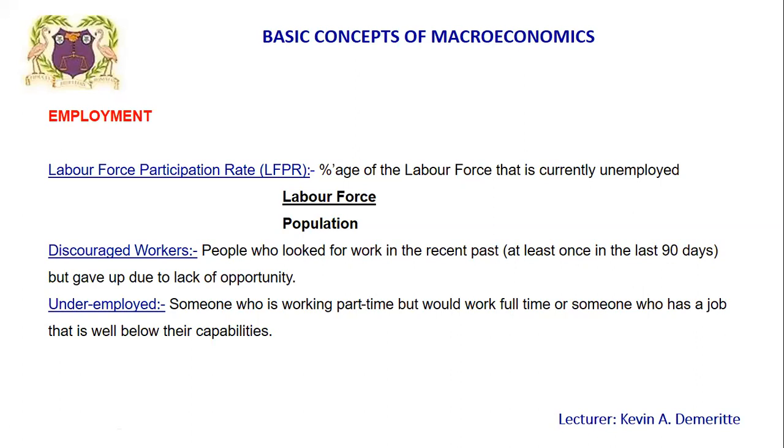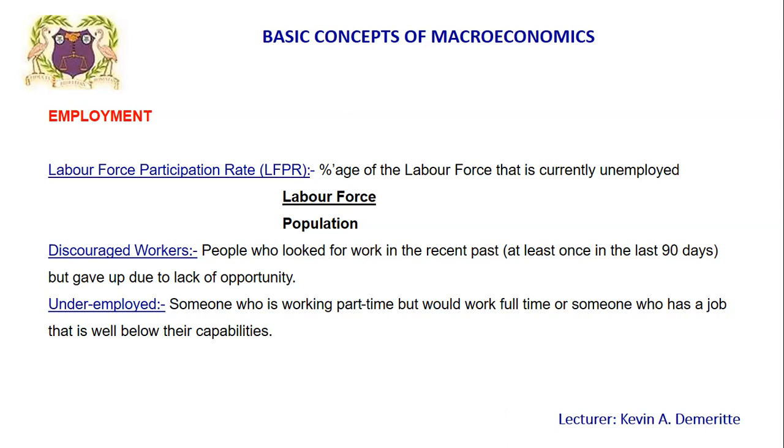So that's 300,000 divided by 400,000. That gives you a labor force participation rate of 75% or 0.75. So that's how we calculate labor force participation rate.